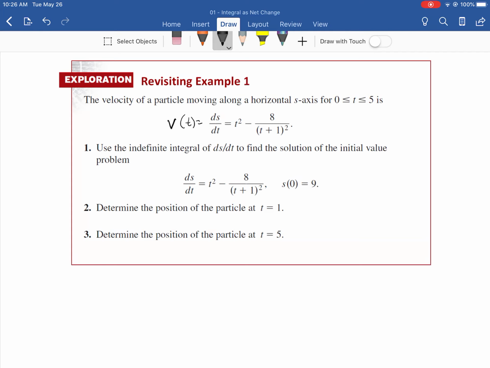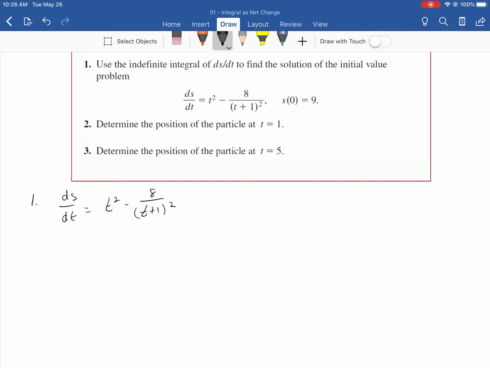So what we mean by indefinite integral is we don't know the limits of summation. We're not saying from here to here. We're just saying indefinite. We're starting out with ds dt equals t squared minus 8 over t plus 1 squared, and to find s, we're finding the integral, no limits, of t squared minus 8 over t plus 1 squared.